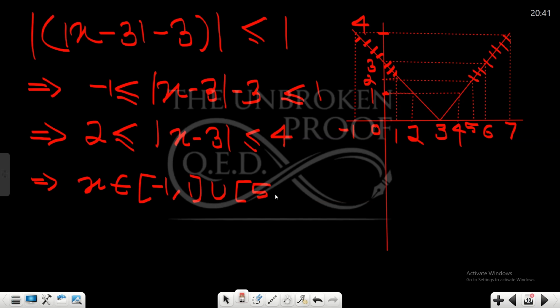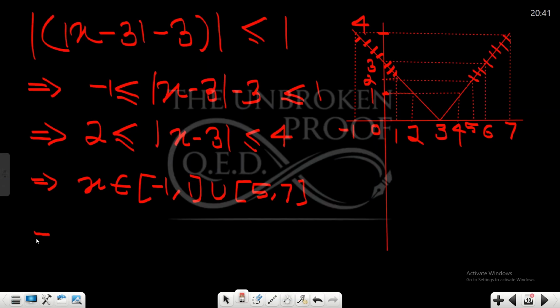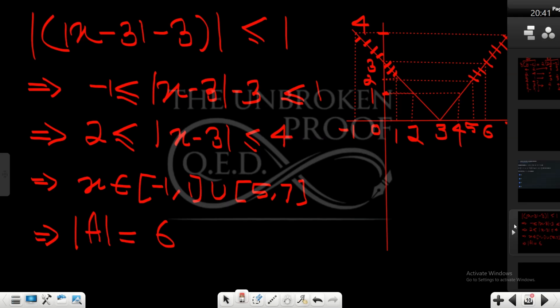Now x belongs to integers, as given here. So the number of elements in A, mod A, is equal to minus 1, 0, 1, 5, 6, 7. So mod A turns out to be 6.